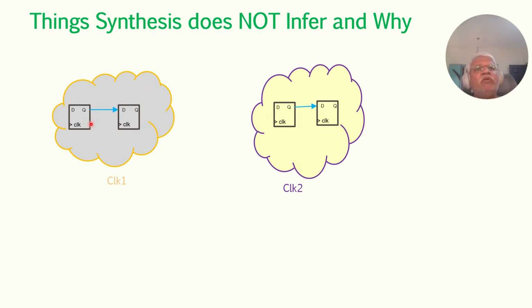However, if you take this signal transfer from one clock domain to another clock domain, such as this one, then we need some additional signal smoothing, because this is an asynchronous signal.